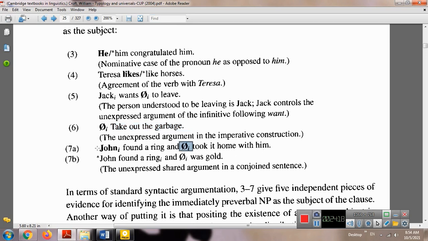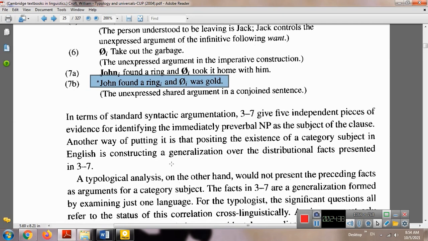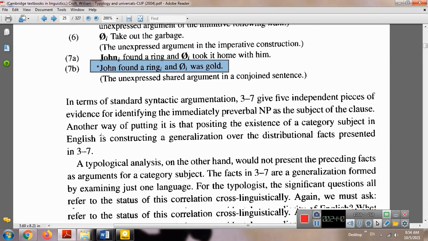Here again we have co-indexing. It cannot be correct. It is ill-formed. John found a ring and was gold. The unexpressed shared argument in a co-joined sentence. That is not true or correct.